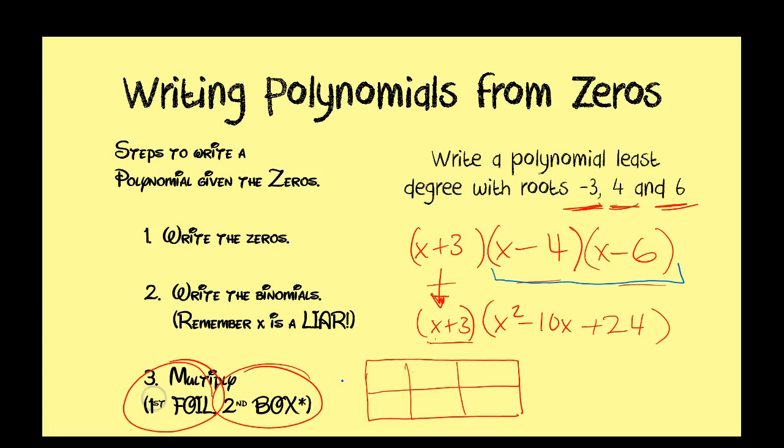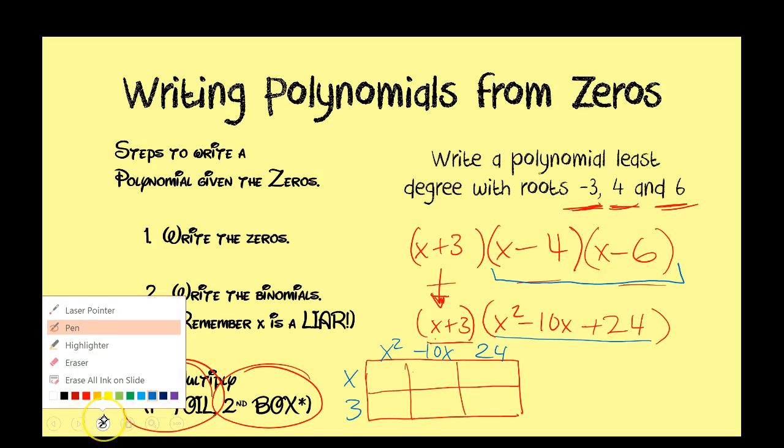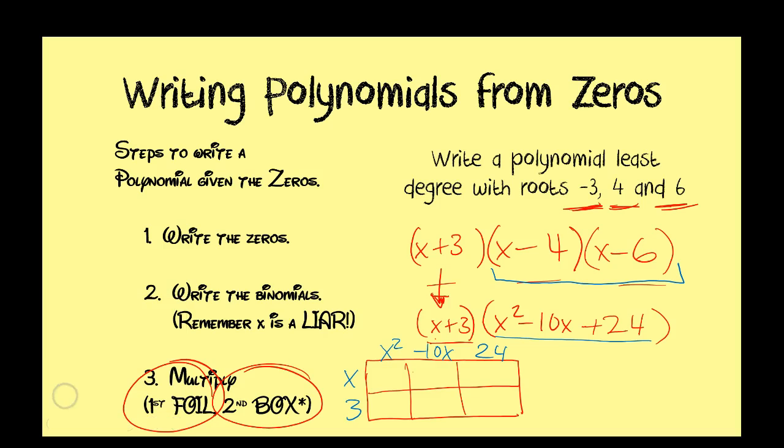So what I'm going to put here is x and 3 here, and then the other polynomial will go on the top. X squared minus 10x plus 24. And now if you didn't already guess, you're just going to multiply everything through, like a multiplication table. Or like the box method you guys just learned about.